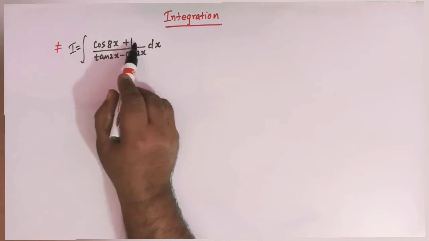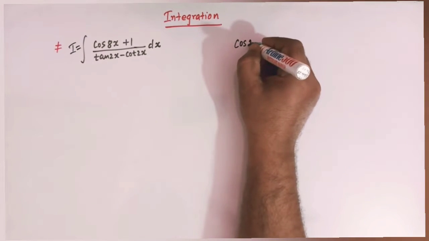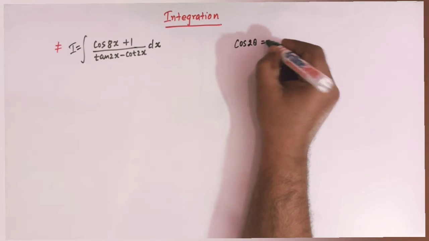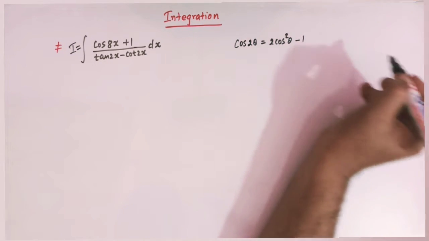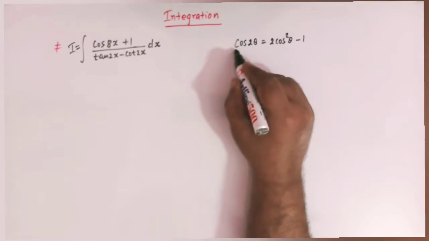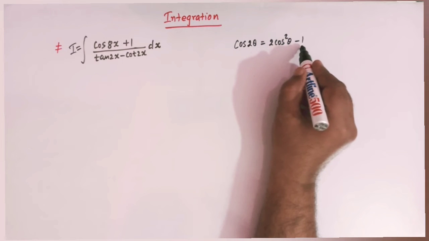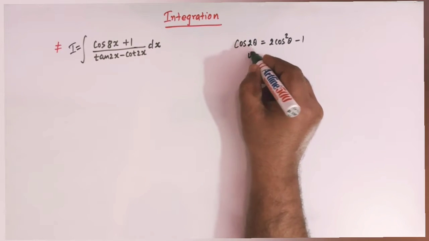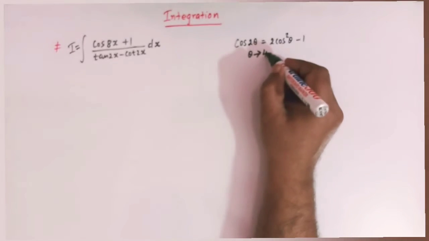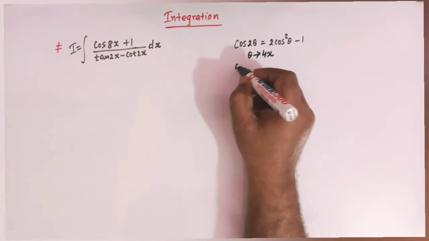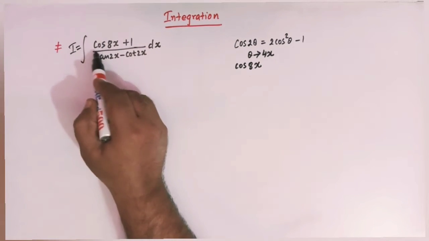We know from trigonometry that cos 2θ is equal to 2 cos²θ − 1. Now if we replace θ by 4x, we get cos 8x, which is right over here.